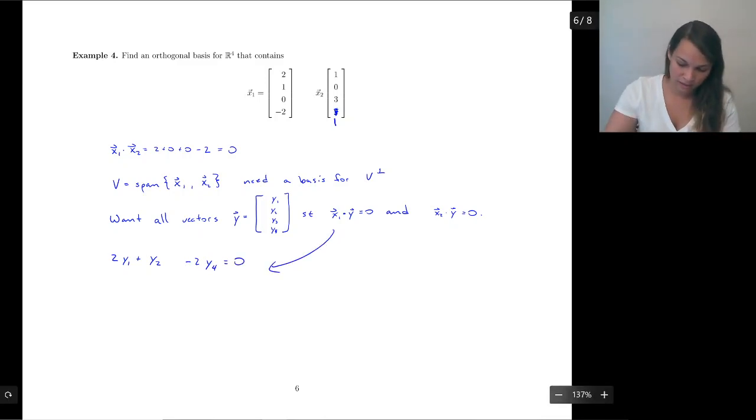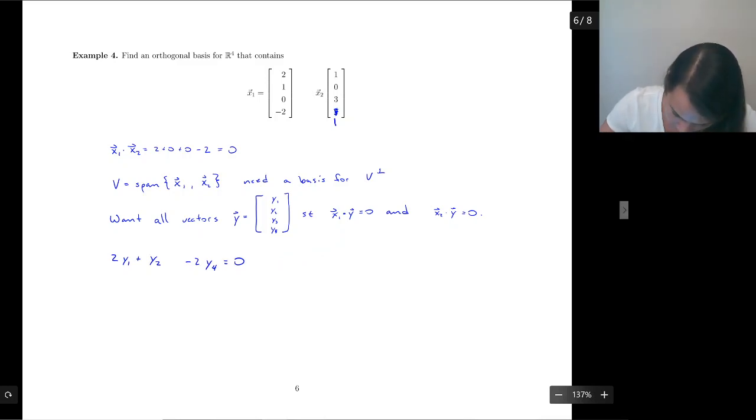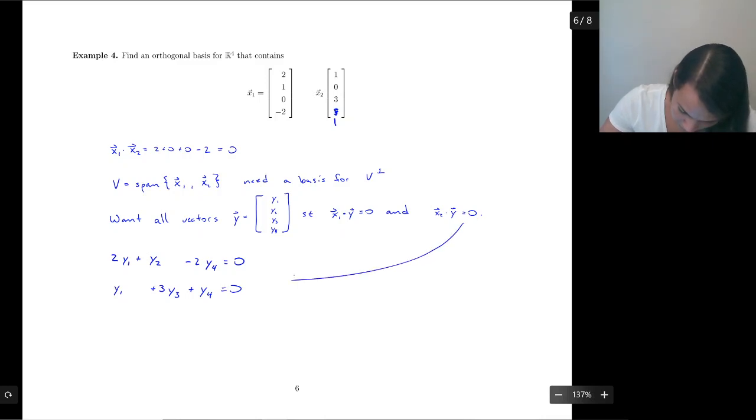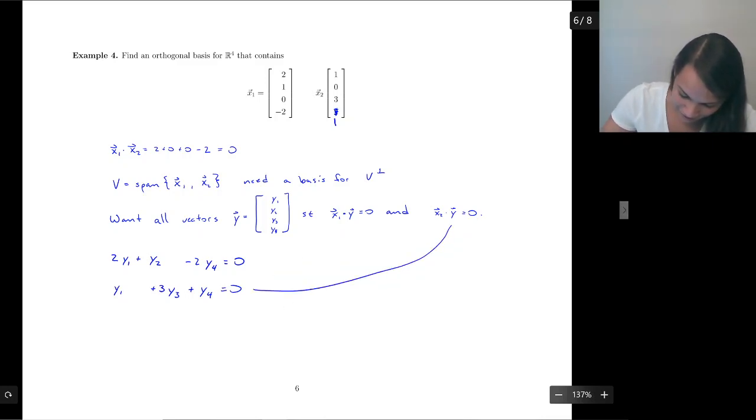So that's that equation right there. And then the next equation would be y1, 0y2 plus 3y3 plus y4 equals 0. And that comes from x2 dot y.